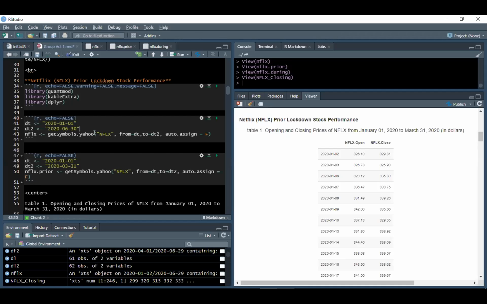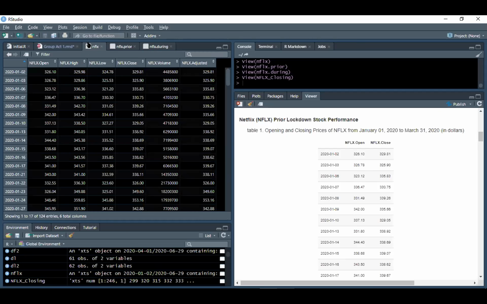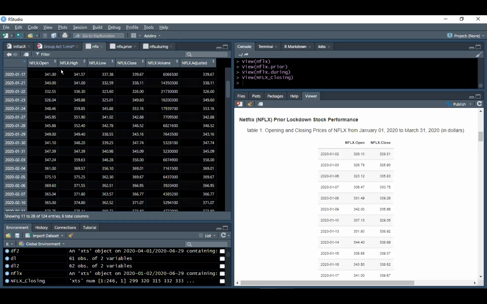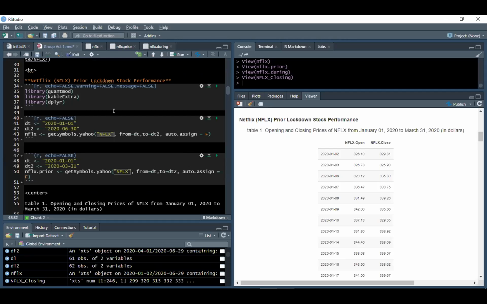And then as we can see here, Netflix is the symbol in Yahoo Finance that they will locate for this data. And from, which means the beginning date, as you can see here, since the data doesn't have January 1, they started with January 2, so it doesn't really matter. It's based on the stock data or history, and to means the end date for this certain data set.